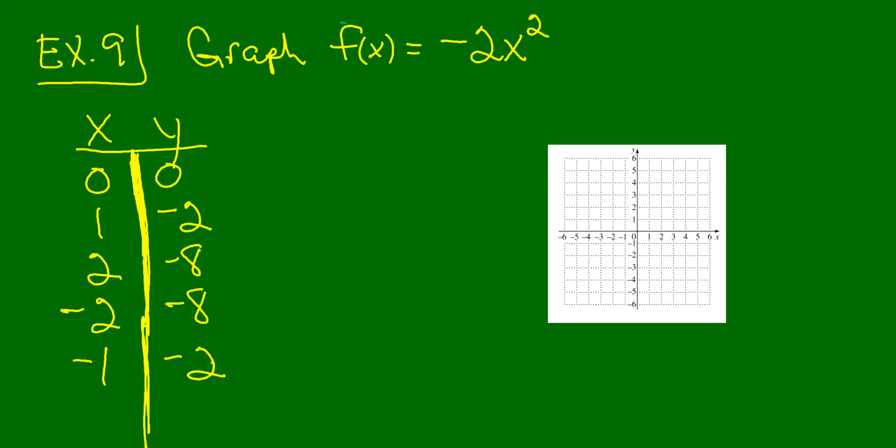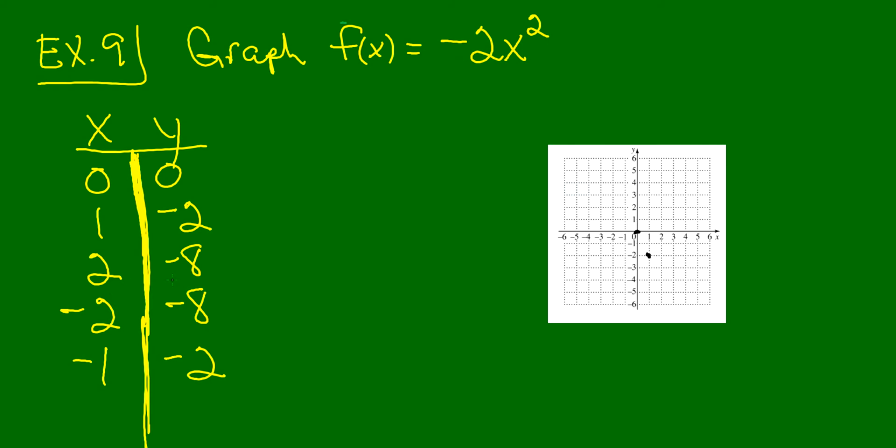So let's see if this is enough to give us an idea what the graph is going to be. So here I've got 0, 0. Let me change colors here. And then I've got 1, -2: over 1, down 2. That's good because I see it's negative, so that's telling me it's going to open downward.